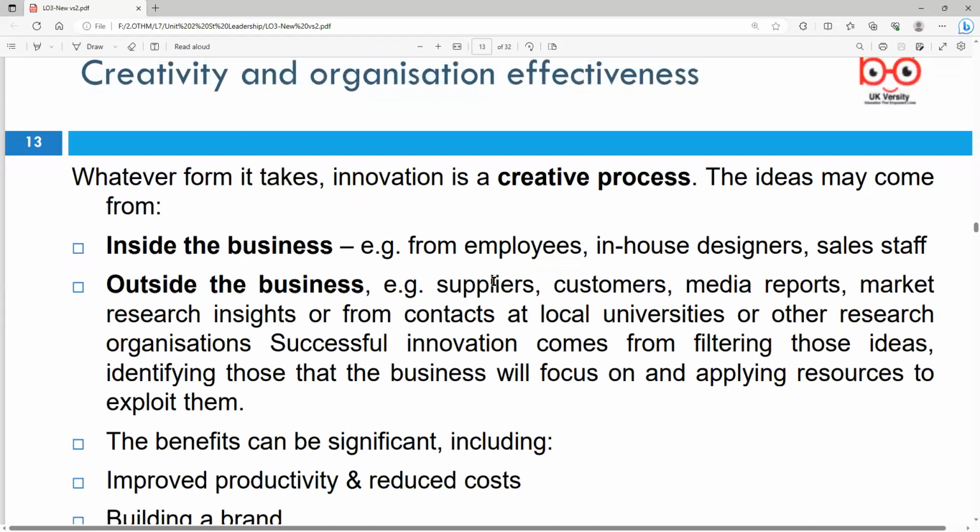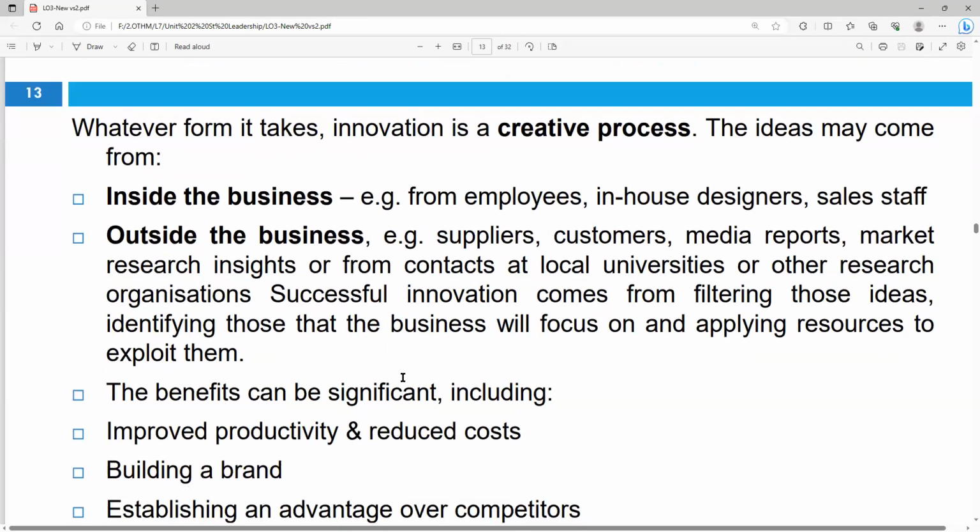Ideas can float in from external sources, and we can apply those ideas to our resources and exploit them to increase the effectiveness and efficiency of our organization.